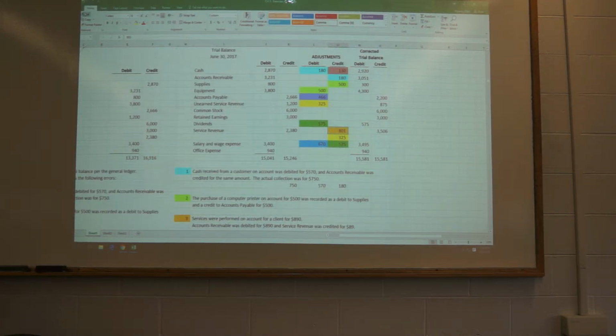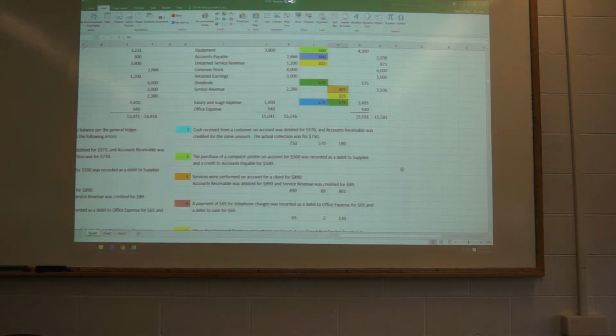When you're making corrections, you're not going to have debits and credits, you're just going to make the corrections. So there won't always be a debit and credit to these. A payment for 65 for telephone was called office expense. Oh, I'm sorry, a payment was recorded as a debit to office expense and debit to cash.